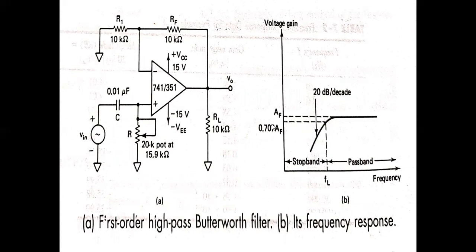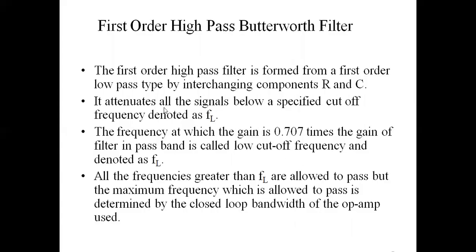Just look at the frequency response and you will get an idea how it attenuates. The frequency at which the gain is 0.707 times the gain of the filter in the passband is called the low cutoff frequency, denoted as FL.